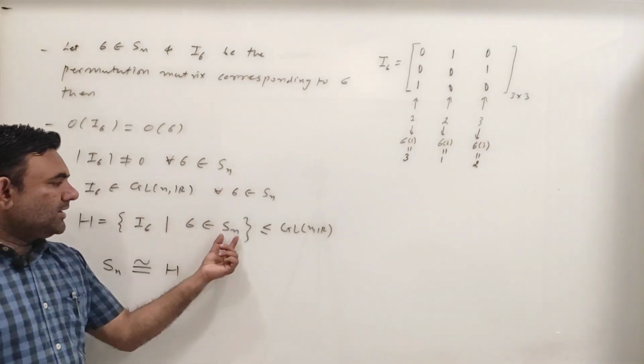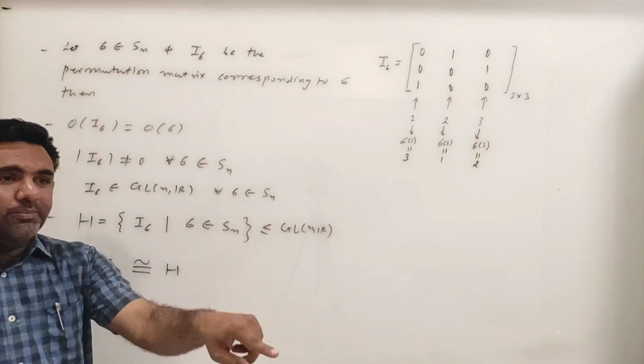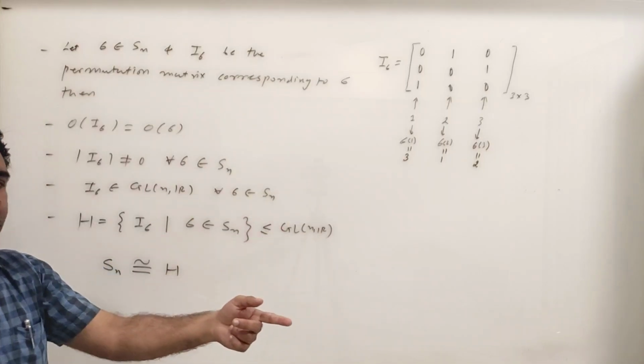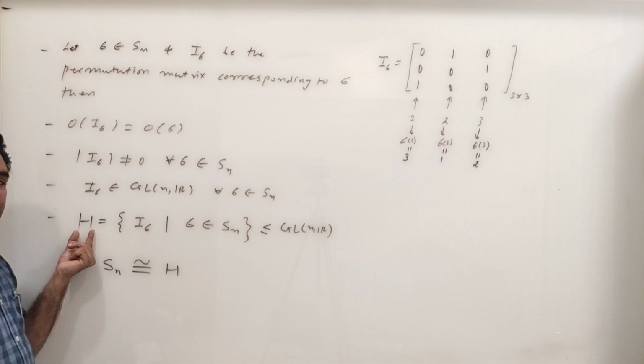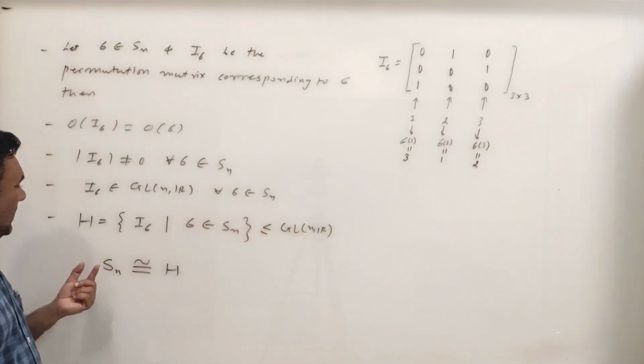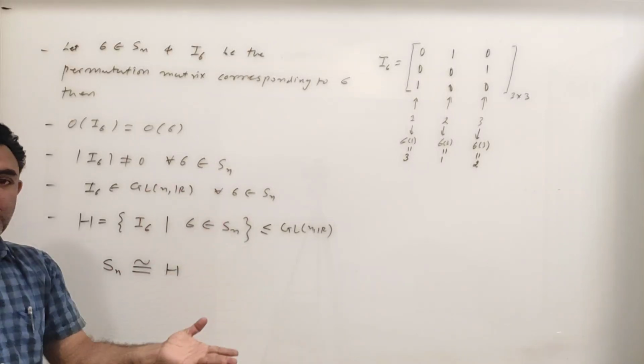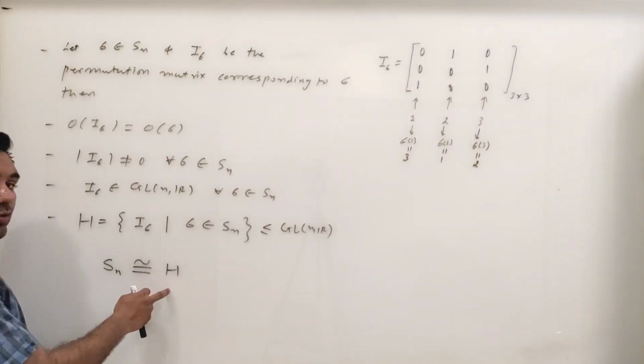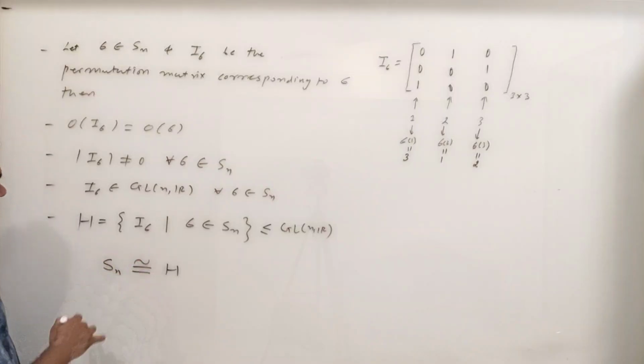How many elements does Sn have? n factorial. Corresponding to every permutation you have one matrix, so the cardinality of H is also n factorial. This is a subgroup of GLNR, and Sn is already a group, so H is also a group. So these two groups will be isomorphic.